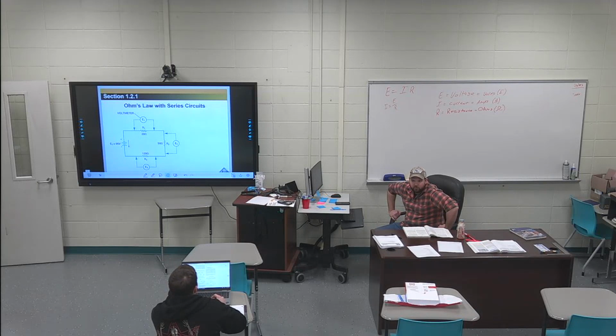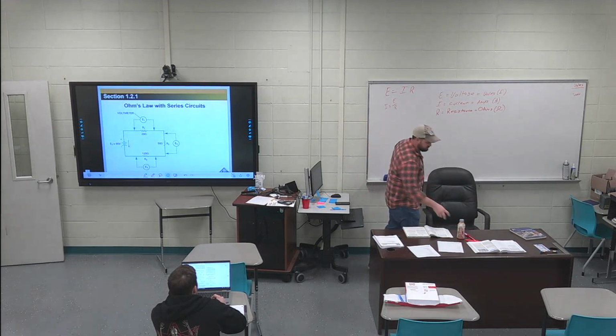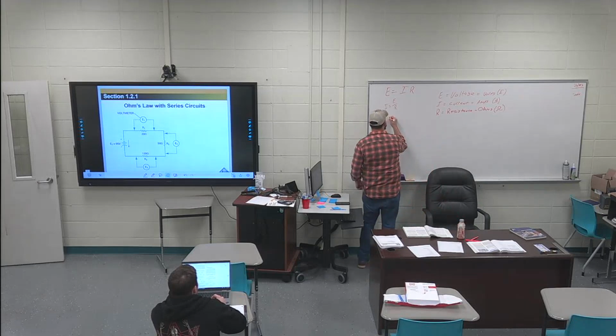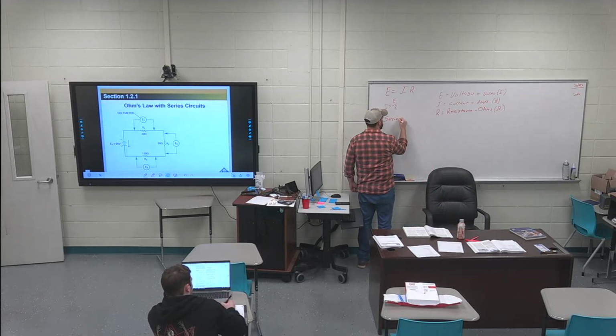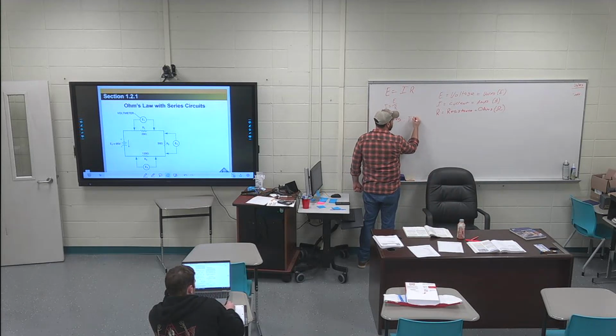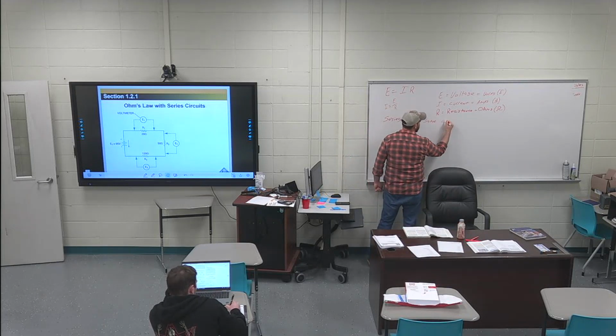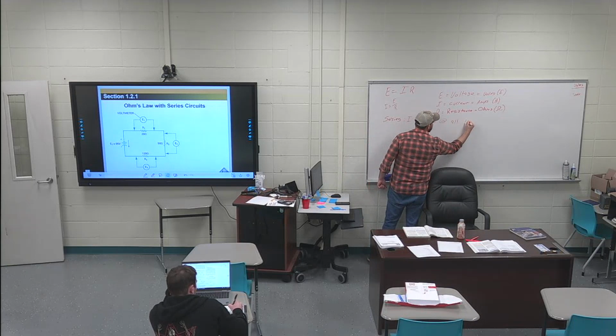In a series circuit, voltage is different across every load. You have a voltage drop across each resistor. So that is something that you have to get inside your brain. In a series circuit, current is the same at all loads.